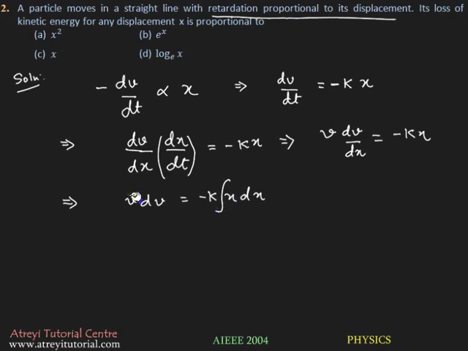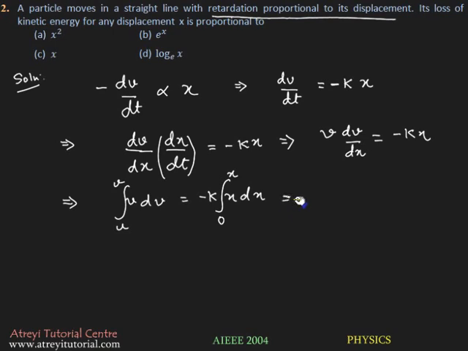Now we'll integrate this. We'll assume at x equal to 0 its speed was u, and at displacement x its speed was v.